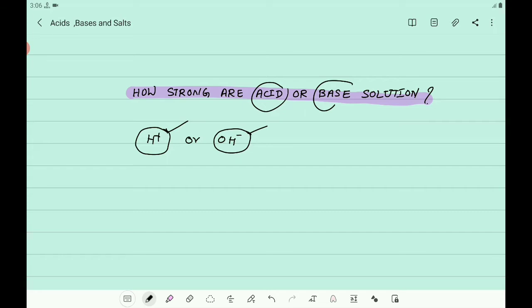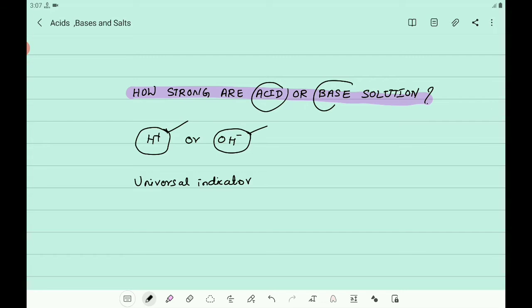Can we judge how strong a given acid or base is? We can do this by making use of universal indicator.